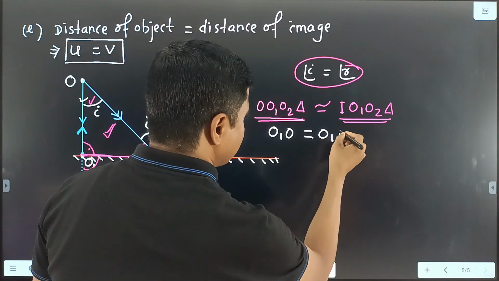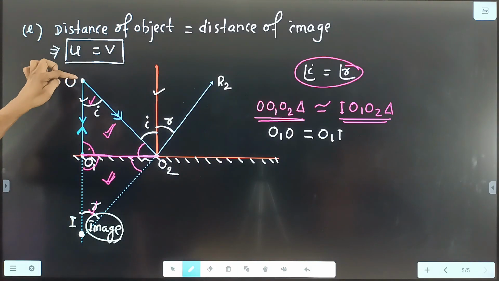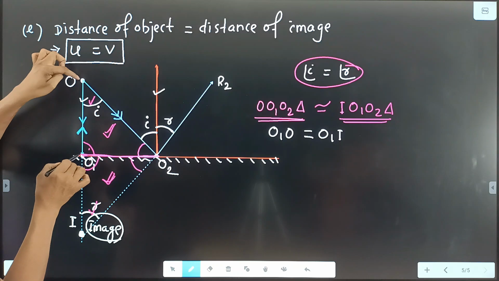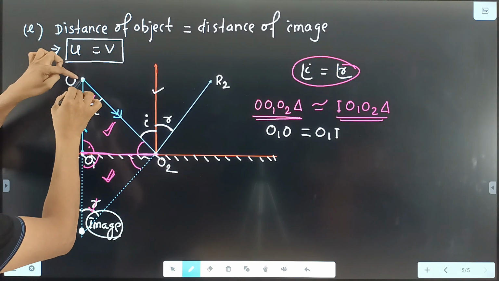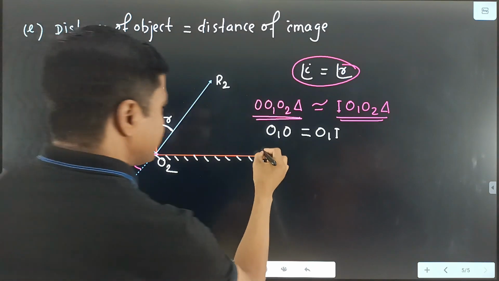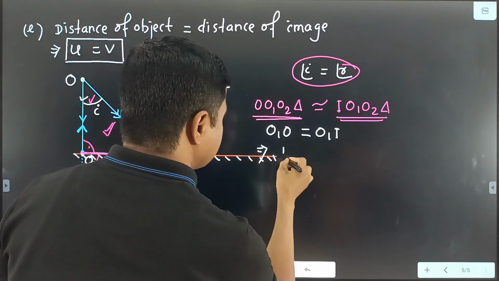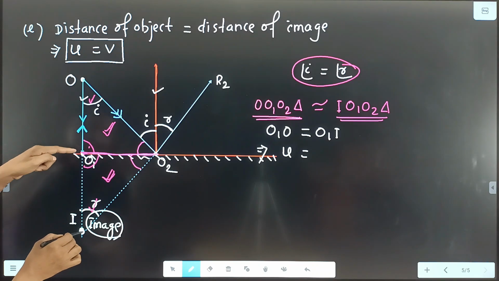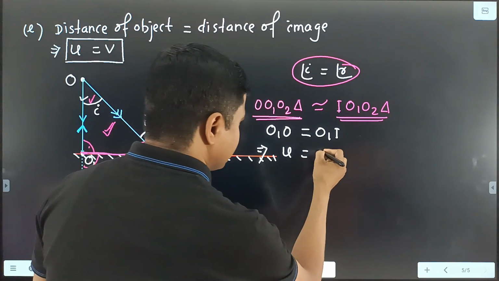What is O1O? O point is the position of the object, so the distance of the object from the plane mirror is known as the object distance. For object distance we write U. Similarly, this is the position of the image, and this is the distance of the image from the plane mirror, known as the image distance.